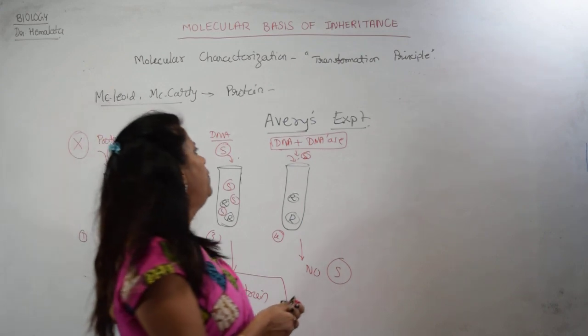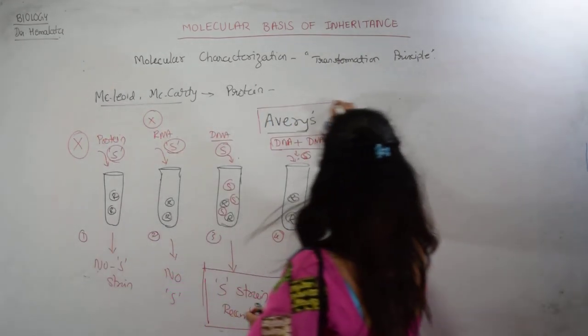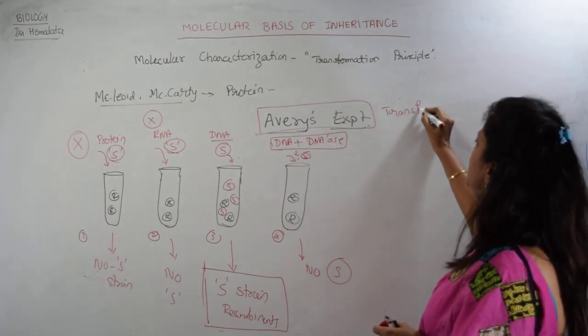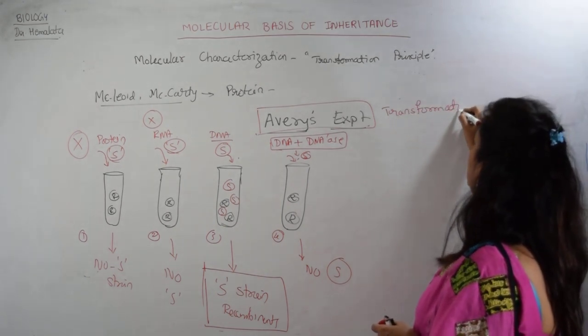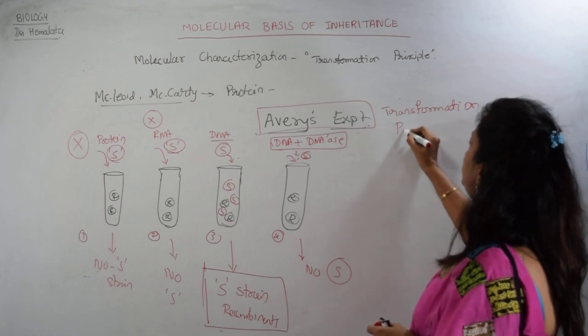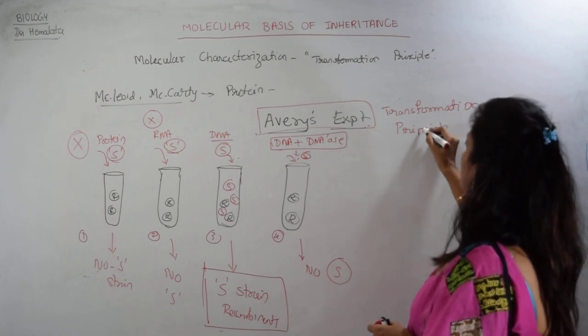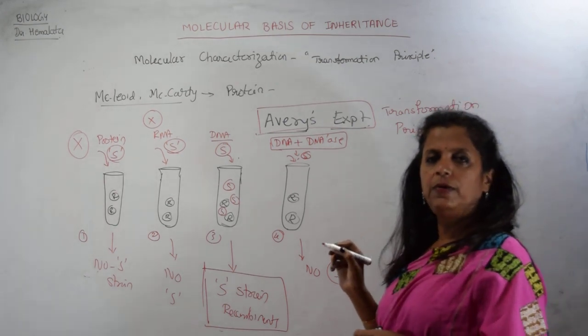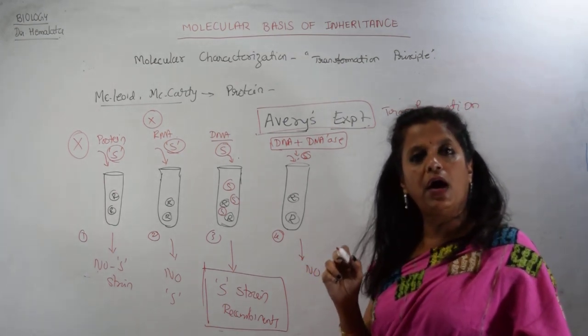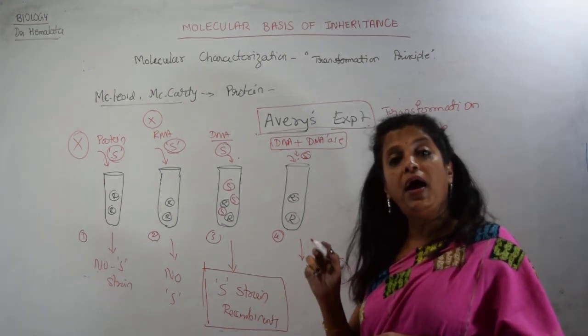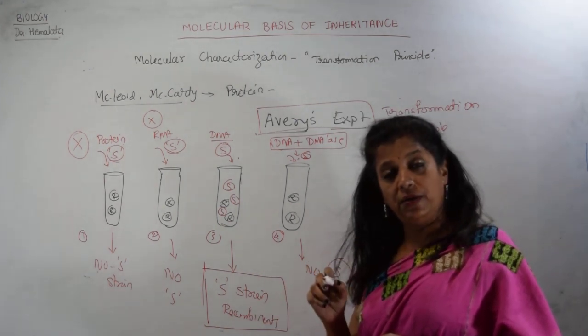So Avery's experiment clearly proved what they called the transformation principle. What is the transformation principle? Get back to the previous experiment. It was the transfer of R strains to S strains by adding heat-killed S strain.